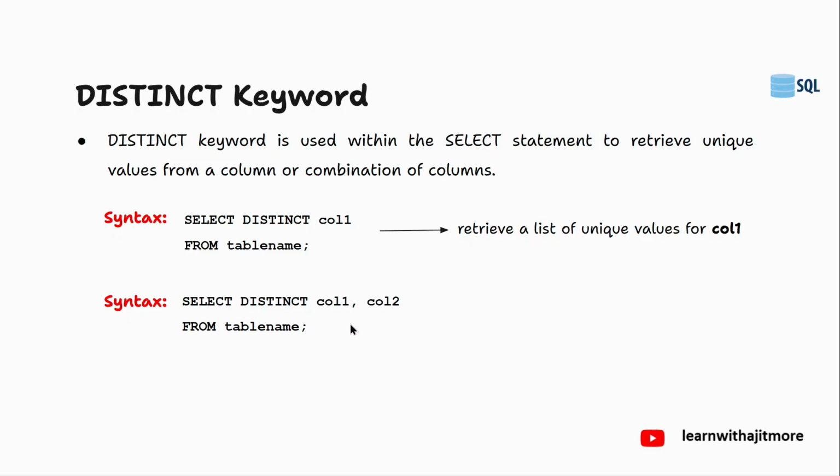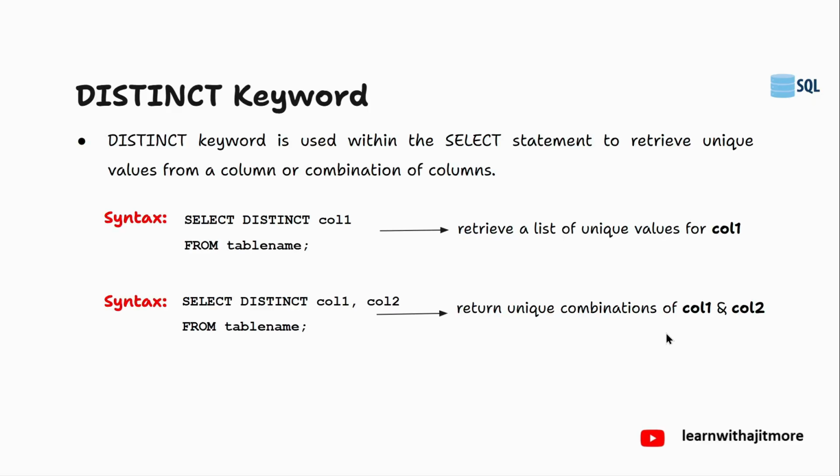Unique pairs means C1 may be repeated, C2 different, or C2 repeated, C1 different. But the same C1, C2 cannot come again. See here, it returns unique combinations of C1 and C2. I'll give you an example of that as well.